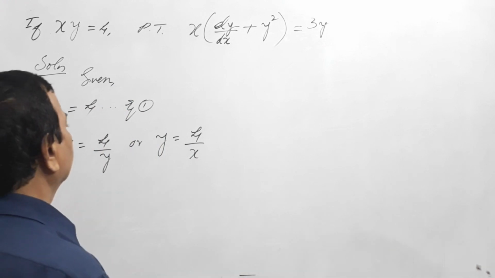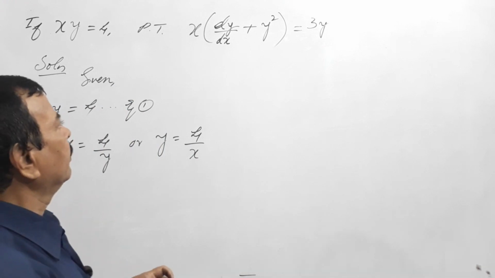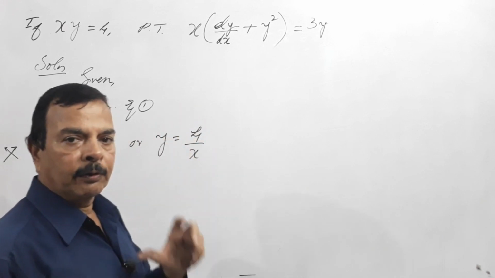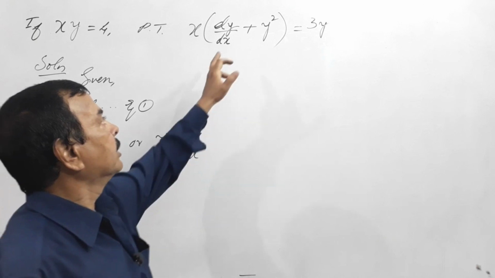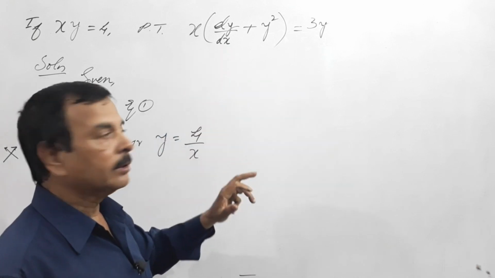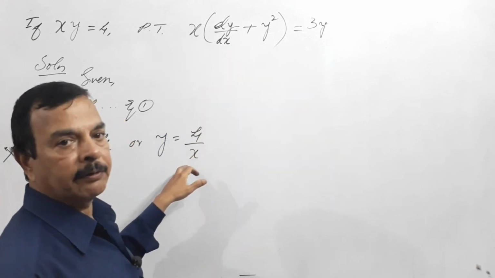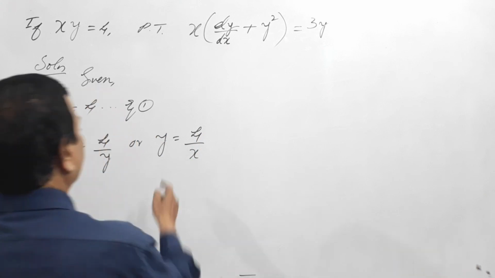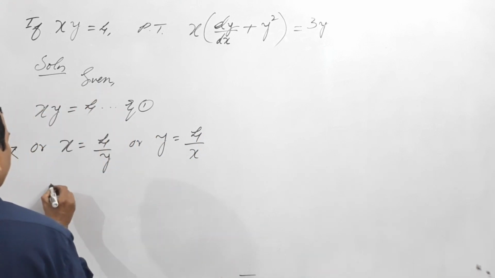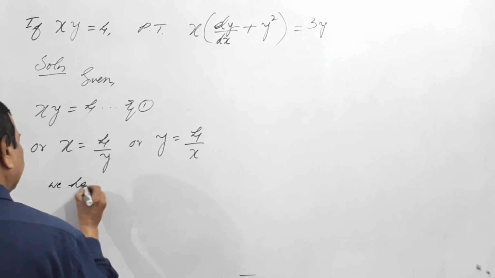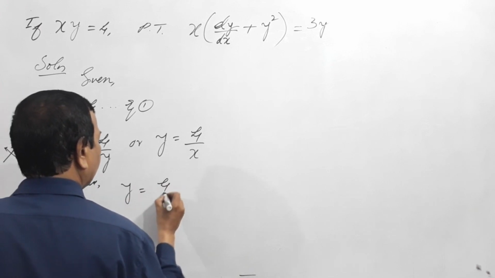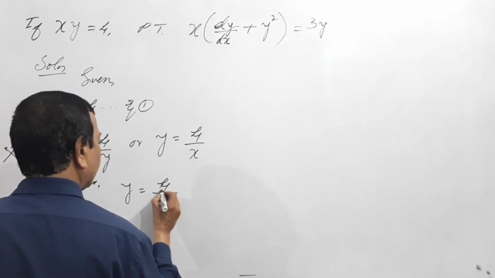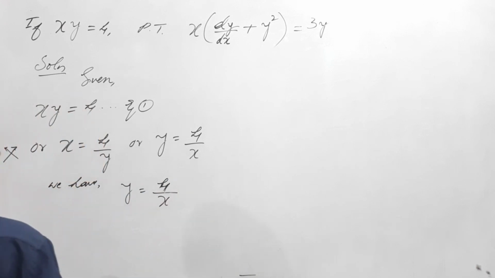What we'll do is, I told you, you have to follow the hint here. What has he given? He has asked you for dy by dx. So catch hold of this and differentiate. So we have y equals 4 by x.